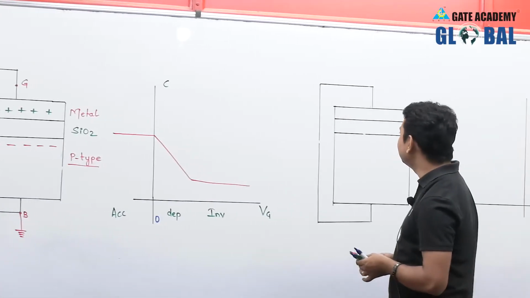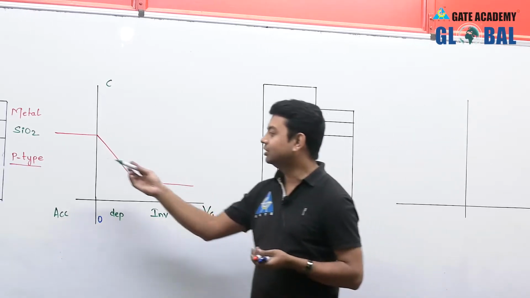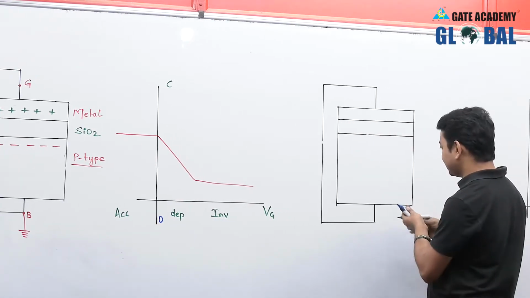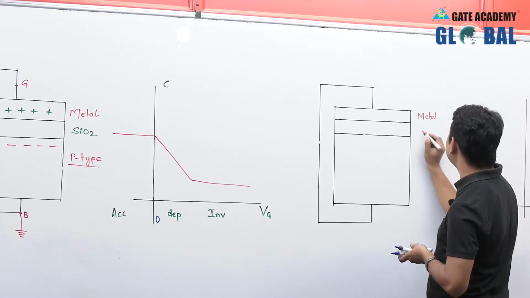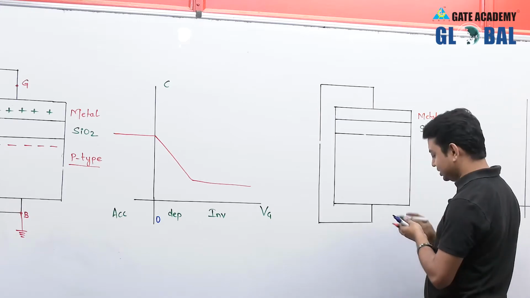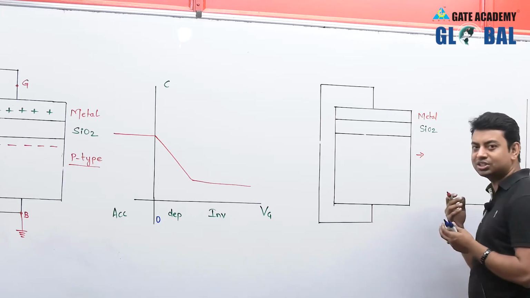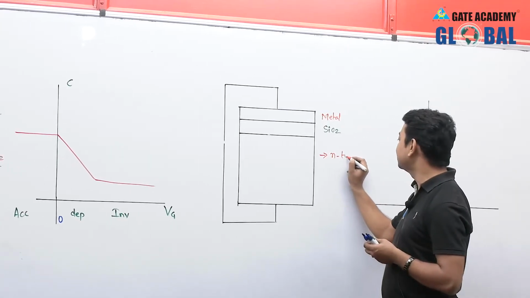But I want to draw a similar characteristic when I have taken an n-type semiconductor. So I will take again a metal here. Understand me carefully, this is a metal. This is of course silicon dioxide, and this is of course the semiconductor, or we can say the substrate, bulk or body, and it is an N-type semiconductor.